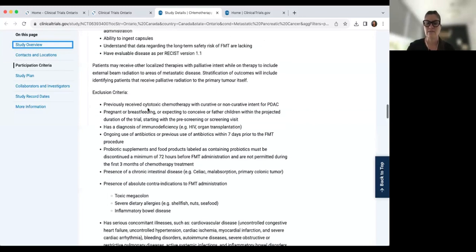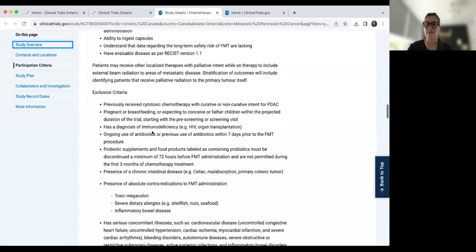So if you've received other cytotoxic chemotherapy with curative or non-curative intent for your disease, we talked about this before. If you're pregnant or breastfeeding or expecting to conceive, that would not make you eligible.